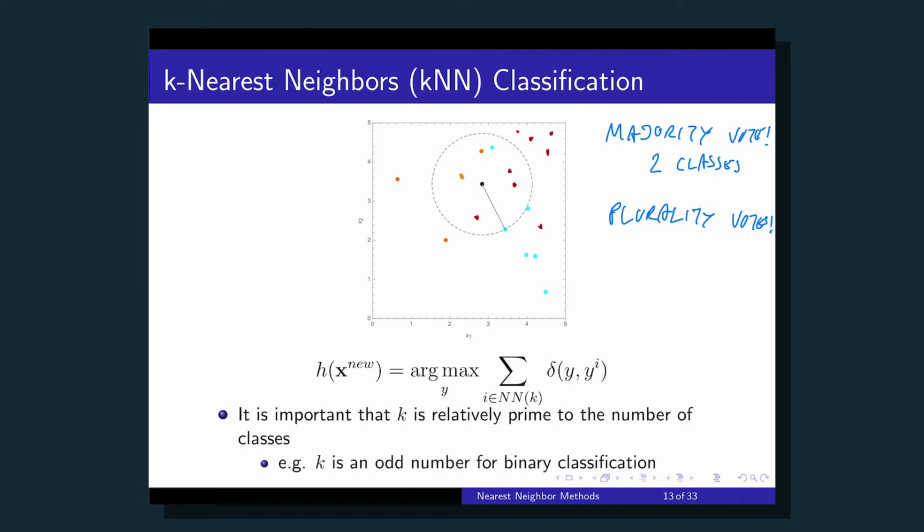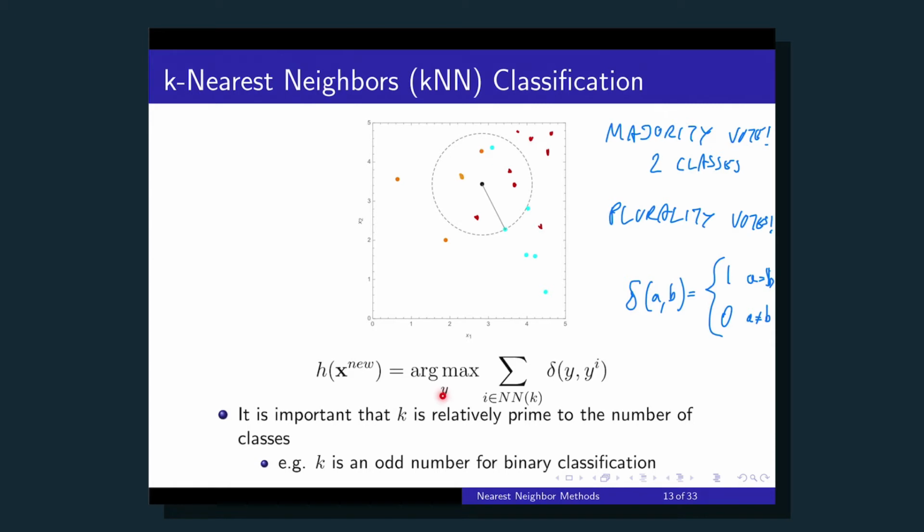Basically, the Kronecker delta of any values a and b is a piecewise function, so it's 1 if a is equal to b, and 0 if a is not equal to b. So it's just an if sentence, a mathematical if sentence. If y and y_i are the same, this comes up 1, otherwise it comes up 0.